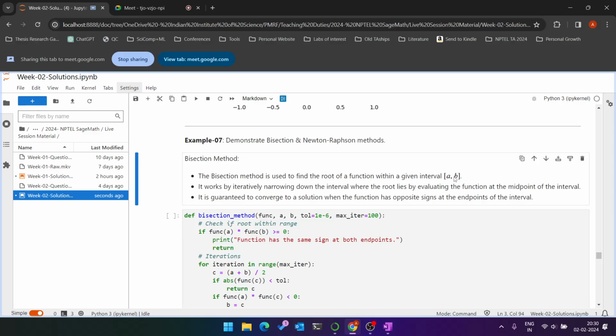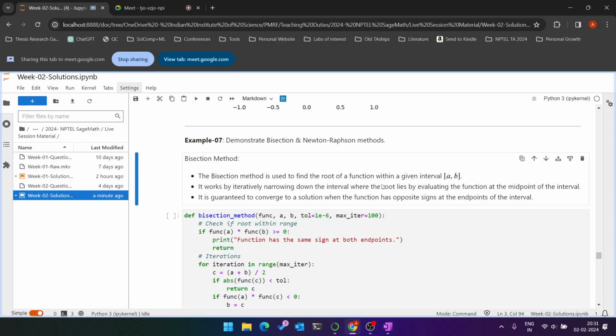Suppose (a plus b) by 2 in our case turns out to have a negative sign, then your new interval becomes a comma (a plus b) by 2, because a has a positive sign for the function and (a plus b) by 2 has a negative sign. That ensures your guarantee that your 0 remains within the interval.